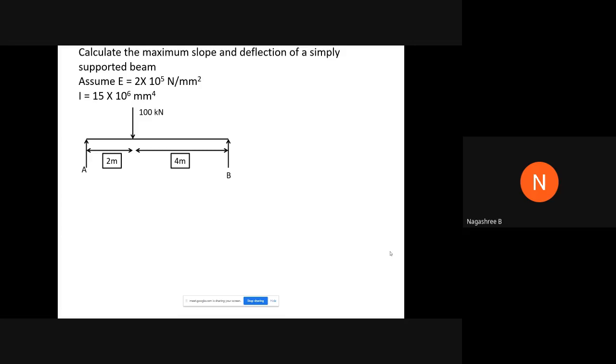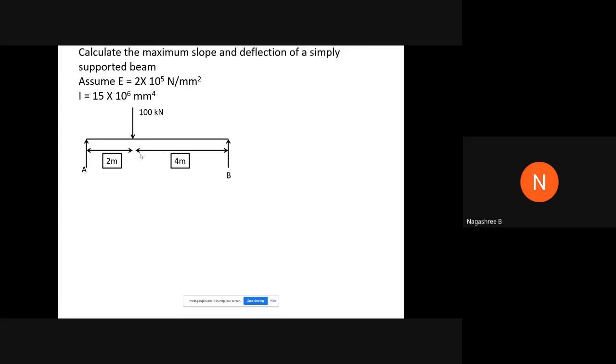Here we have a simply supported beam AB, which has a span of 6 meters. It is subjected to a concentrated load of 10 kilonewton, at a distance of 2 meters from A and 4 meters from B. You are supposed to determine the maximum slope and deflection for this simply supported beam.